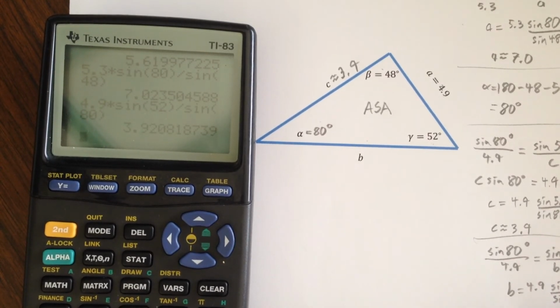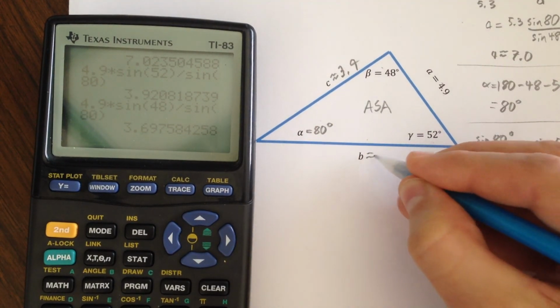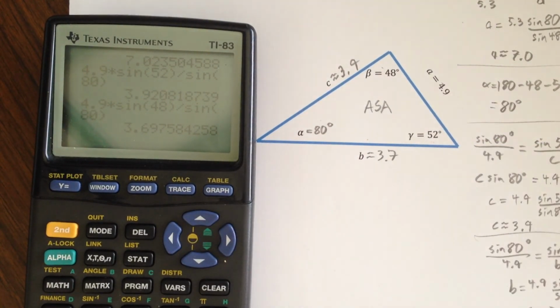So now I just have to calculate that. 4.9 times sine 48 divided by sine 80 gives me 3.7-ish. So there's a couple of examples of using the law of sines to solve triangles.